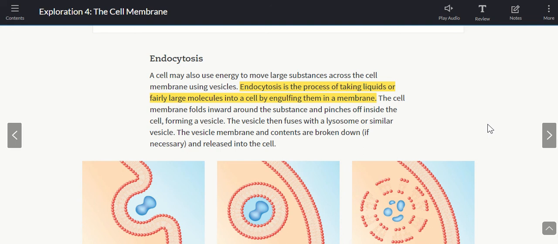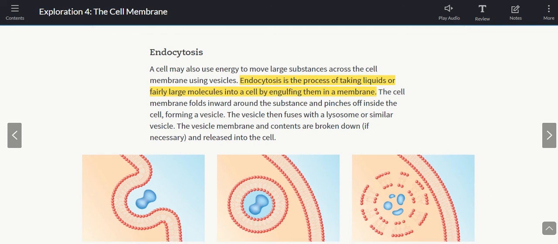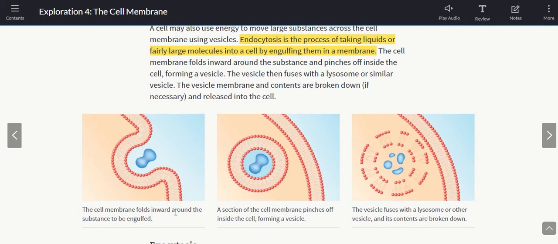We're going to use something called vesicular transport, and there are two types. The first type is called endocytosis, because in endocytosis, a large substance is entering the cell. And what happens during endocytosis is exactly what you see here. The cell membrane pinches and folds around this large object.